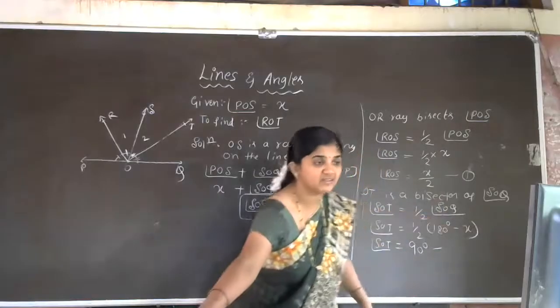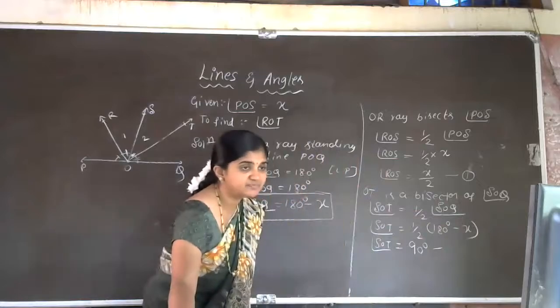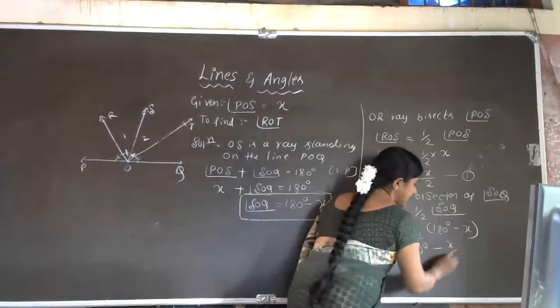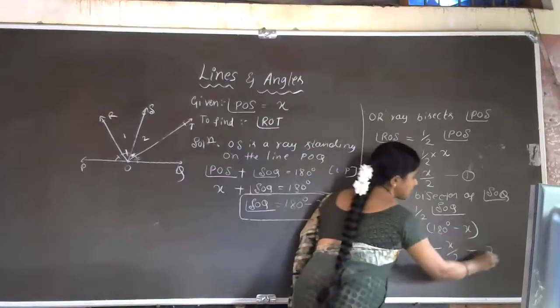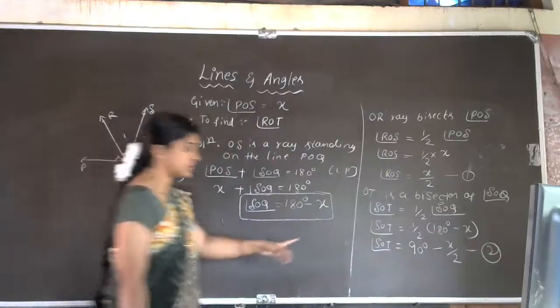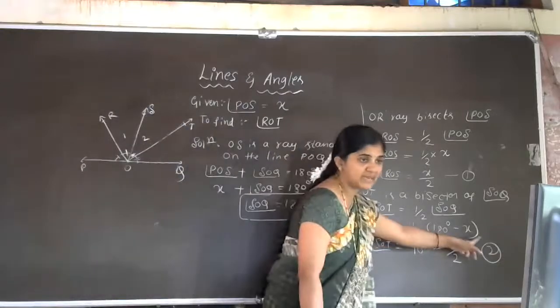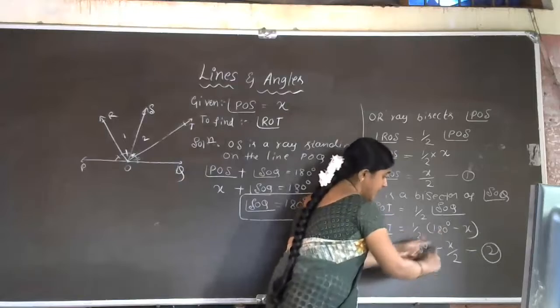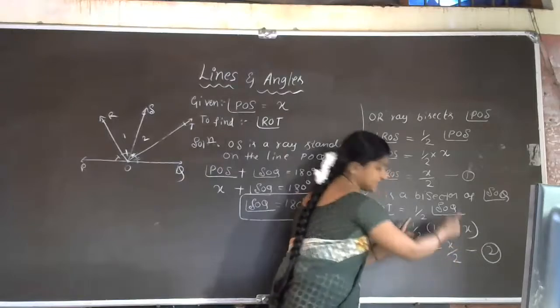How can we write half of x? 1 by 2 into x is x by 2. Call this equation number 2. Got the idea of this step now, students? Half into 180 is 90, minus half of x is x by 2.